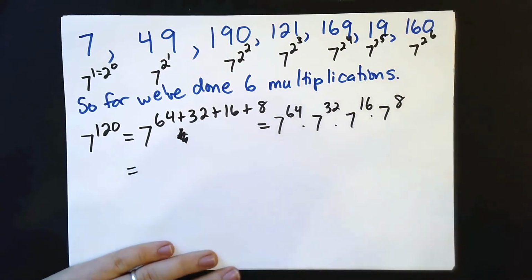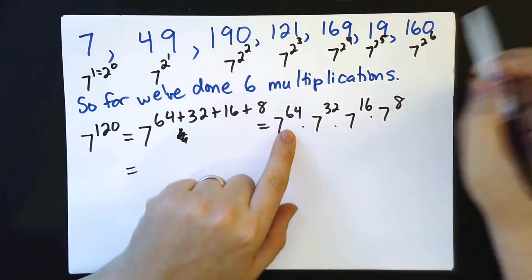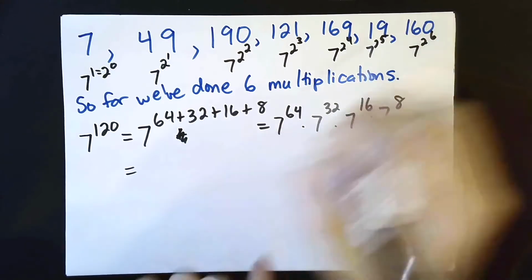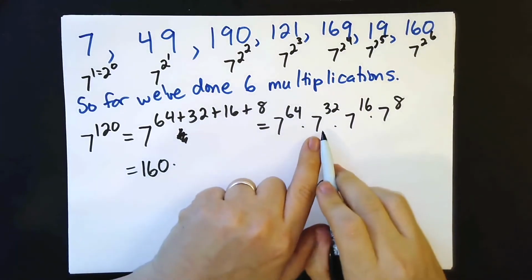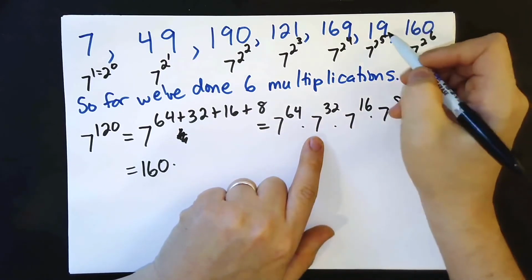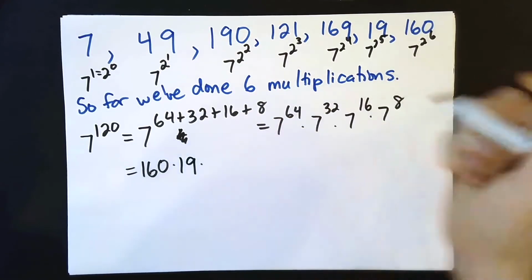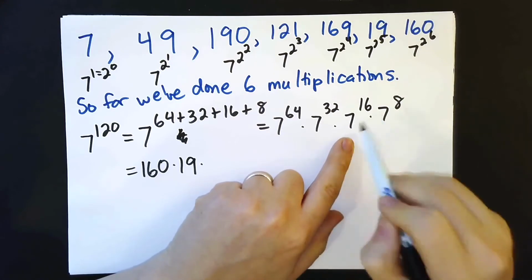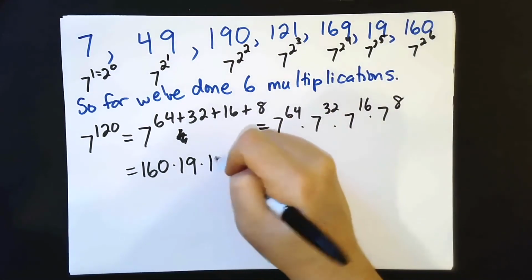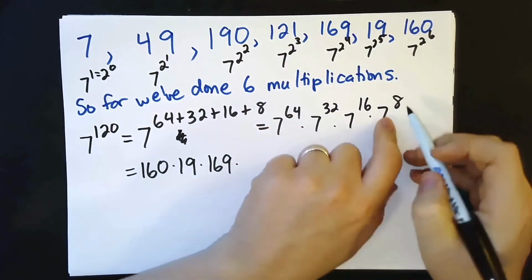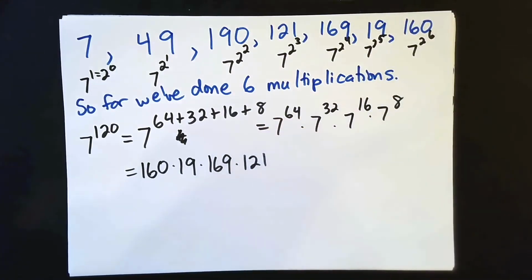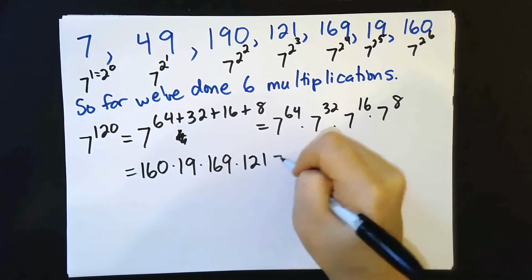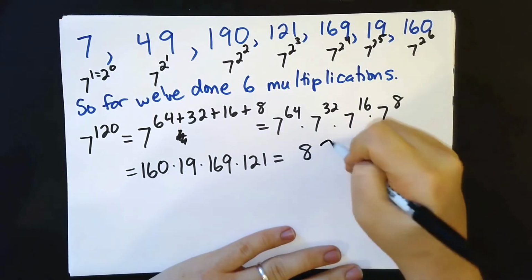Now, what's that? Well, 7 to the 64th, that's 7 to the 2 to the 6th, that's 160. Times 7 to the 32nd, that's 7 to the 2 to the 5th, that's 19. 7 to the 16th, 7 to the 2 to the 4th, that's 169. And 7 to the 8th, 7 to the 2 cubed, it's 121. And then you can calculate, that is 82.